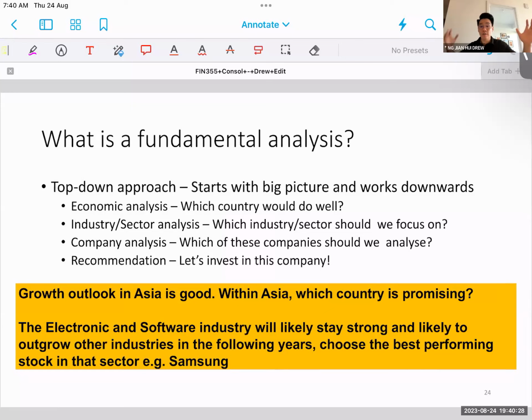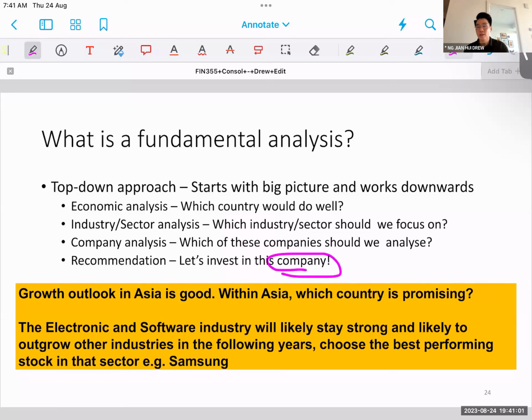Top-down means that you start off with a big picture, like the economic outlook of the world, then narrow it down to the economic outlook of the country, then the industry. From the global, to the national, to the specific industry, and subsequently down to the specific company.